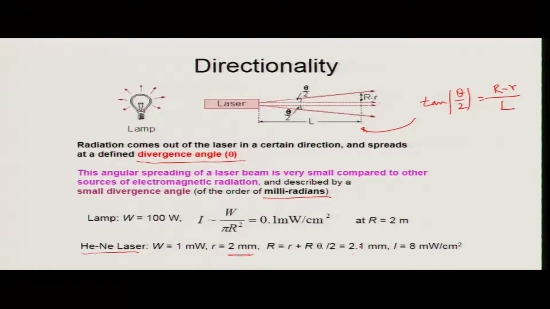A beam about 2 mm in diameter will grow to maybe about 2.1 mm after quite a long distance, which means that the intensity of the laser remains quite high irrespective of the distance at which you are intercepting the laser. So, the photon flux availability of a laser is extremely high.